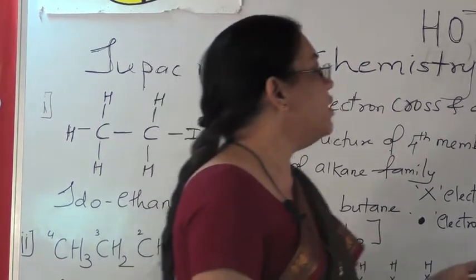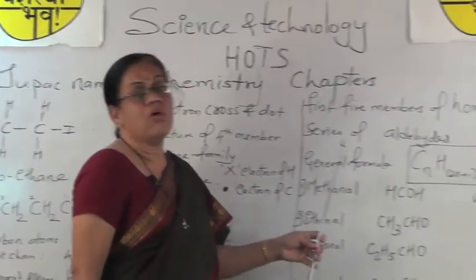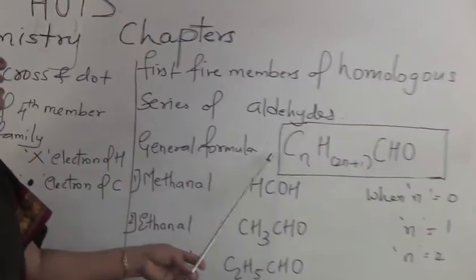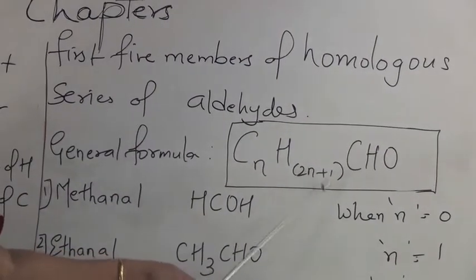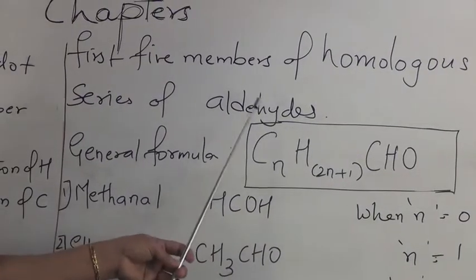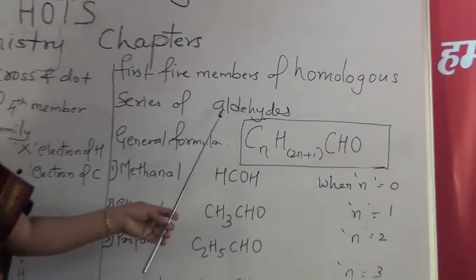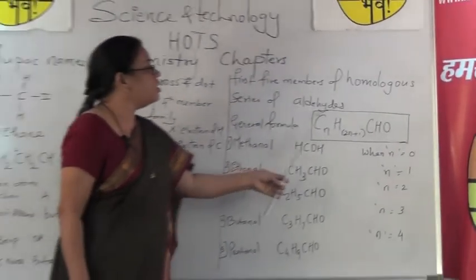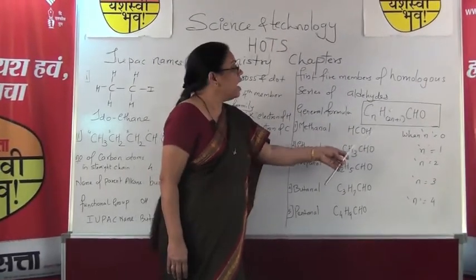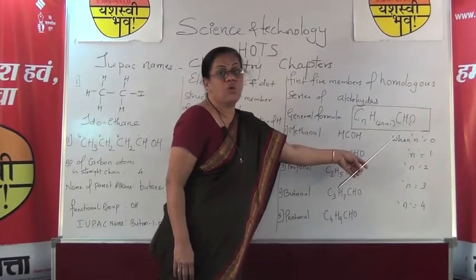Children, you are aware that the general formula for the homologous series is CnH2n+1 with a specific functional group. In this question, they have asked you about the functional group of aldehydes, hence we use CHO here.